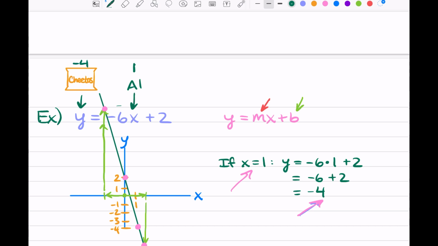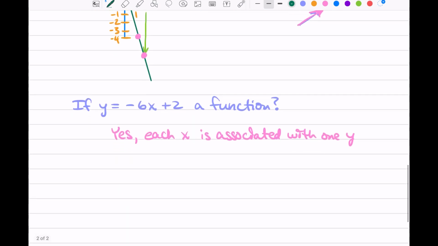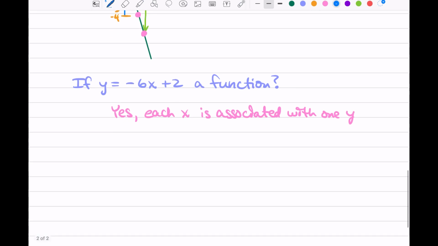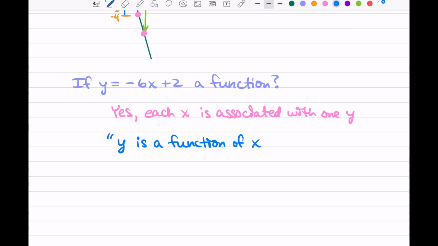Okay, so now we've established that we have a function, and you might often see it stated like this. You might see y is a function of x. So I think it's a little easier to think about it the first way, just saying, is our equation here a function?